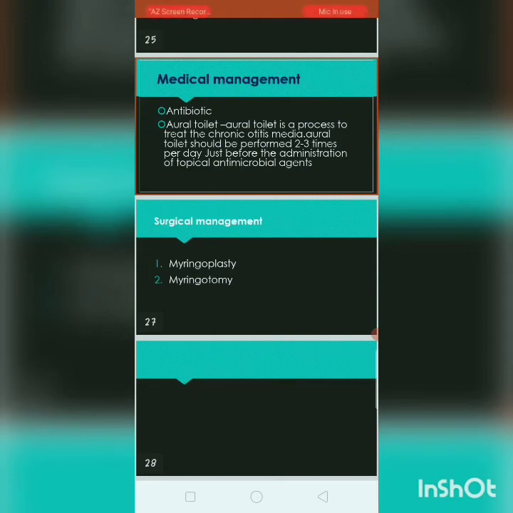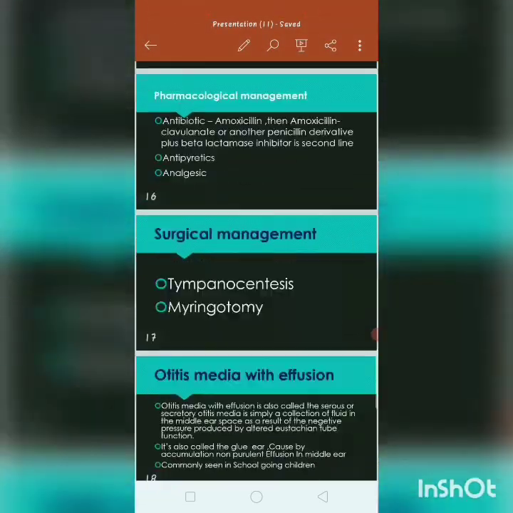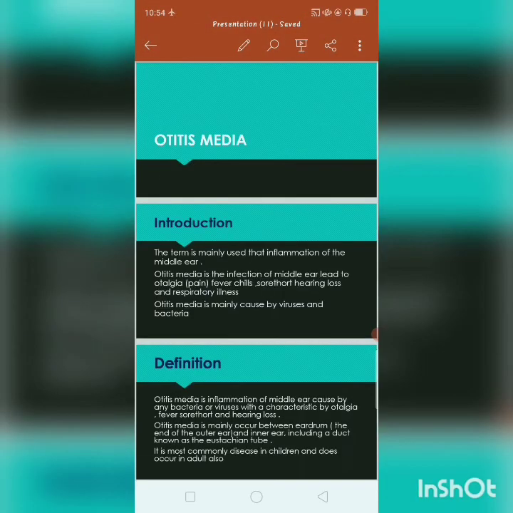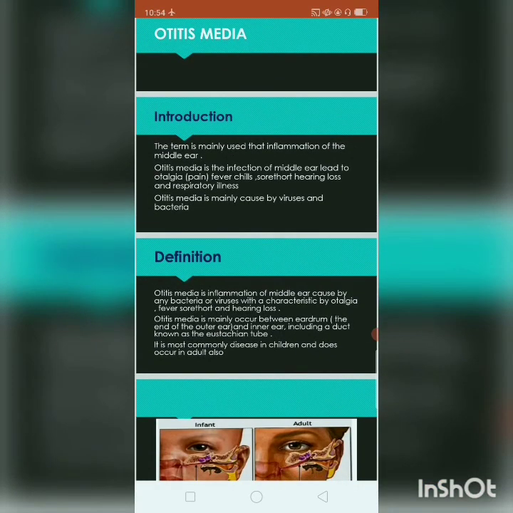So I will summarize my topic. Otitis media is an inflammation of the middle ear caused by bacteria or viruses, with clinical features of otalgia, fever, fullness of the ear, and sore throat. The types are acute otitis media, otitis media with effusion, and chronic otitis media.